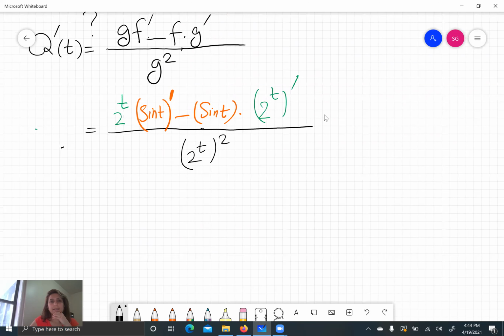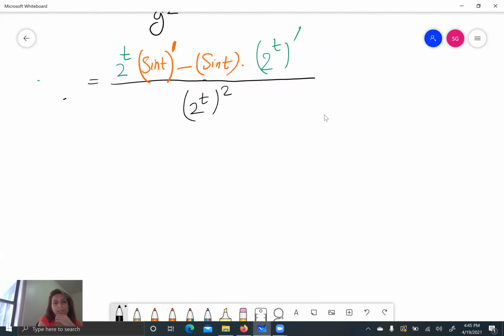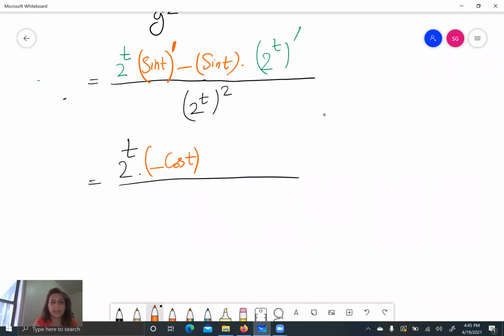In the next step, I'm going to take these derivatives. It's going to be 2^t times, what is the derivative of sine? Negative cosine. Oops, I'm sorry, negative cosine.